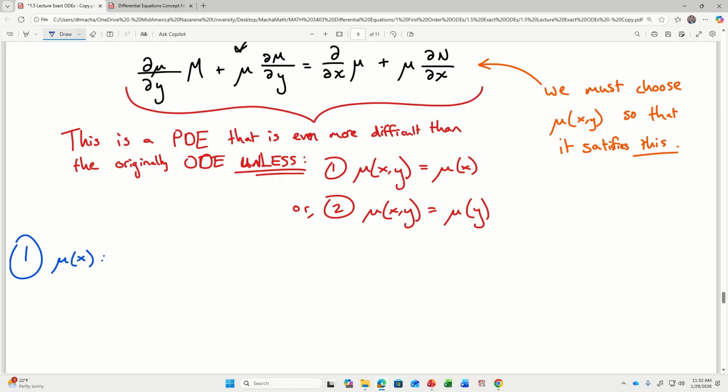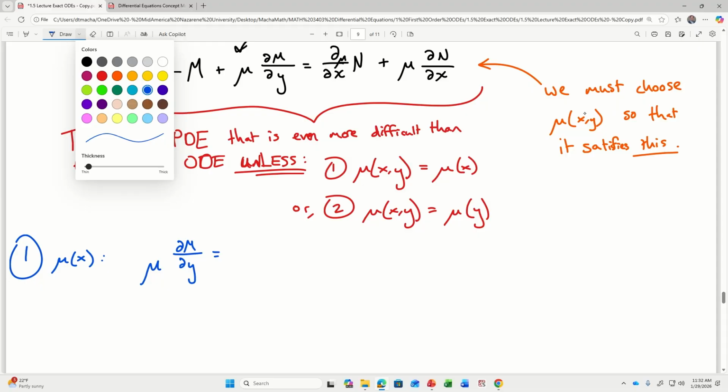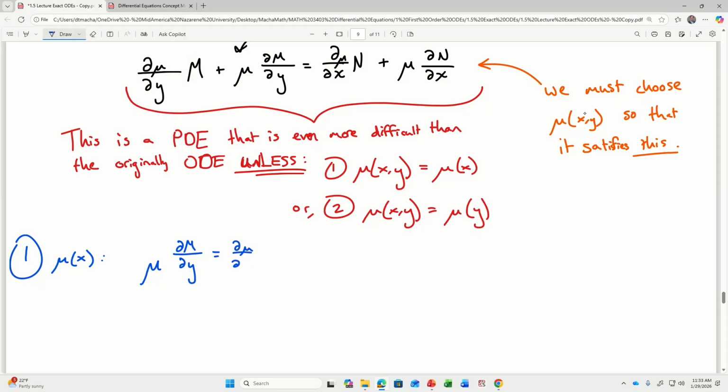So we move on and we say mu times the partial of m with respect to y is equal to the partial, sorry, that should be the partial of mu with respect to x times n, and then plus mu times the partial of n with respect to x. Nice.